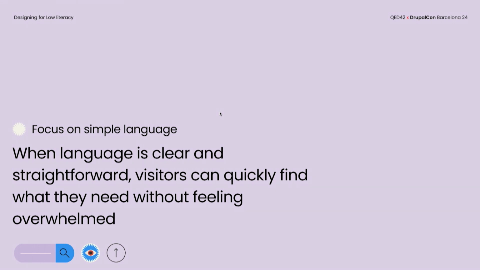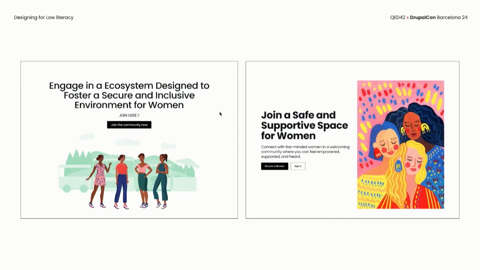Simple language. The thing I talked about, fancy words. Having a lot of fancy words and a lot of content can confuse the user, and they can just leave your platform and go to another platform. For example, I have two header banners, and both of the banners are telling the same thing. The first banner says engage in ecosystem design to foster secure and inclusive environment for women.